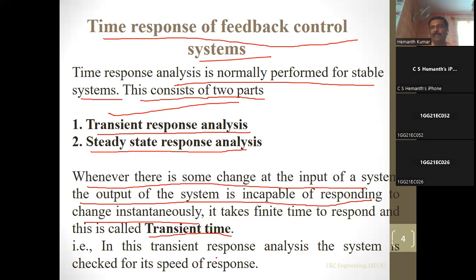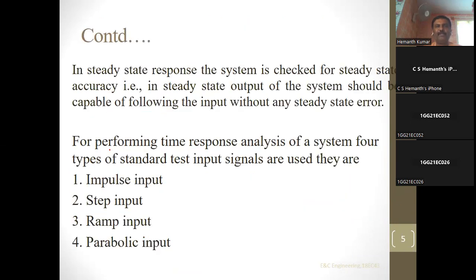It is checked to know the speed of indication, how much time it takes to respond from the input side to the output side, and we always measure it through this transient time via the transient response.